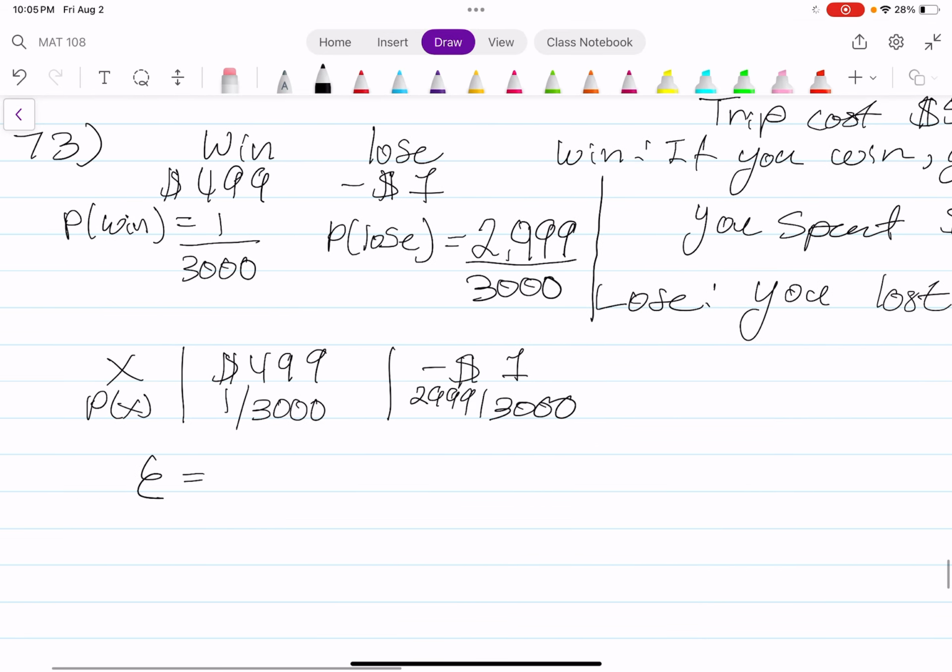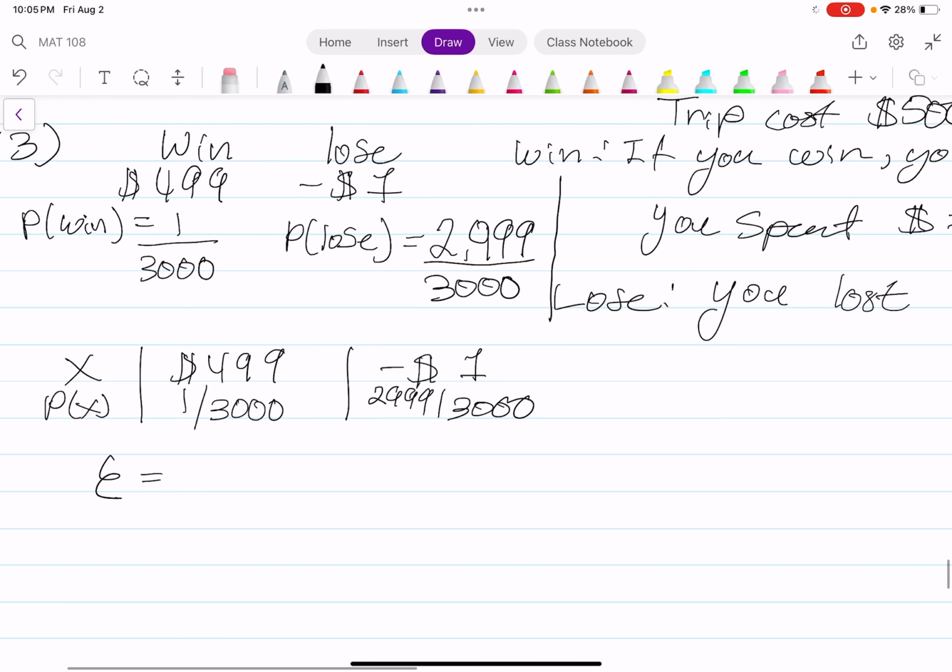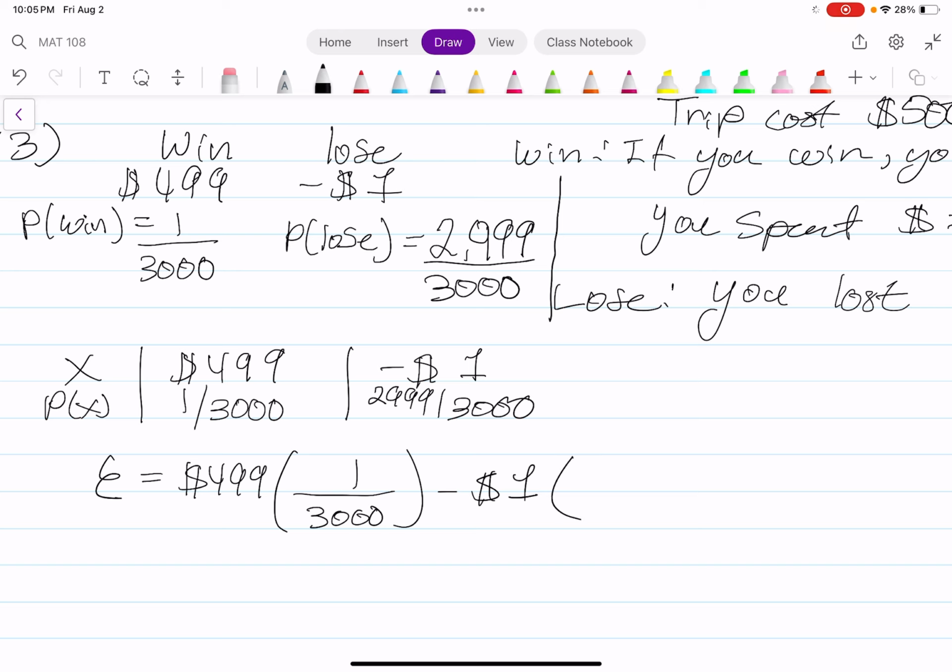To find the expected value, we're going to multiply each numerical outcome with its probability. So 499 times 1 over 3,000 minus $1, because remember, we're adding a negative. A positive with a negative is a negative. And that's going to be 2,999 over 3,000.